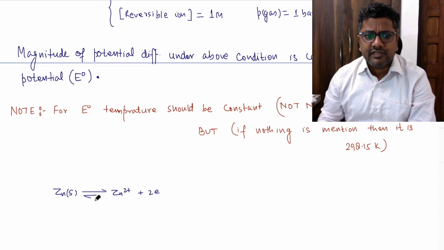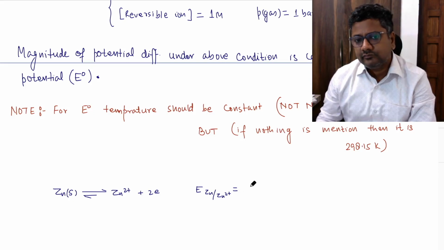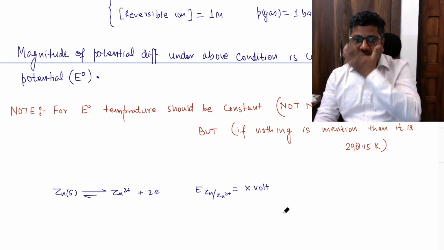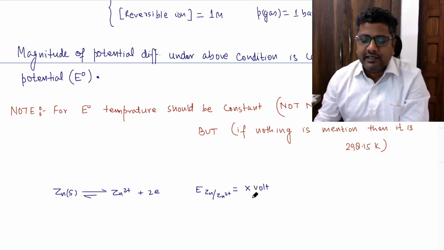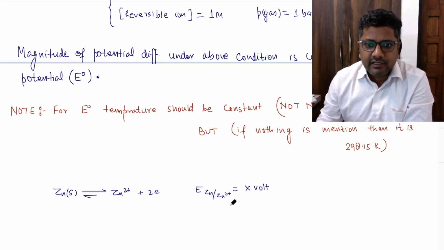Which type of reaction is this? This is an oxidation reaction. So you can write E of what is converting to what? Zn is converting to Zn2 plus. So you have to write like this, equal to, suppose, x volt. How to read this? You can say that the oxidation potential of zinc is x volt.